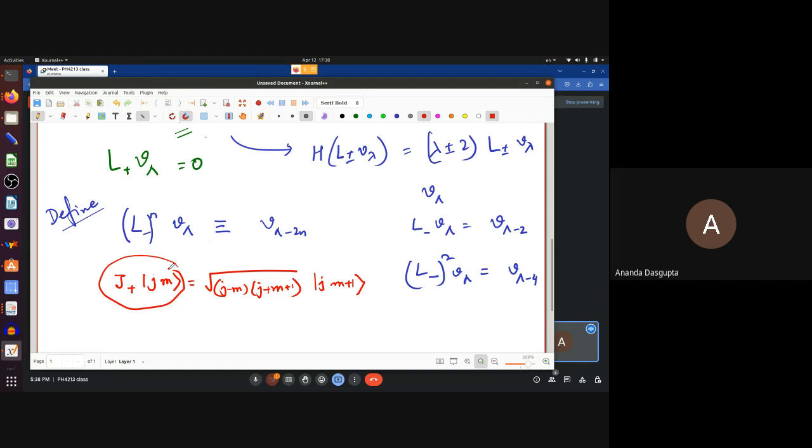Well, not really J into J plus 1, but more importantly, J3 eigenvalue of M plus 1. So it's a multiple of whatever state I'm going to call J M plus 1. What multiple? I choose this factor specifically so that this state has length 1. But did I have to do that? If I did not want normalization, I could have said J plus acting on Jm is Jm plus 1. Couldn't I have done that?